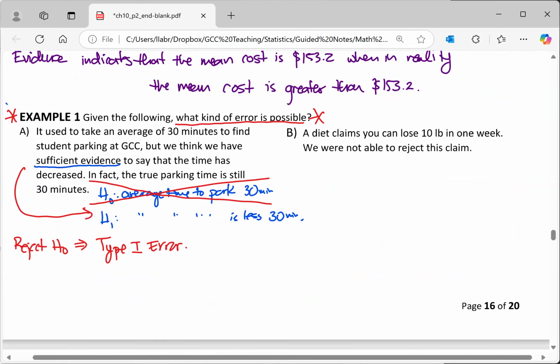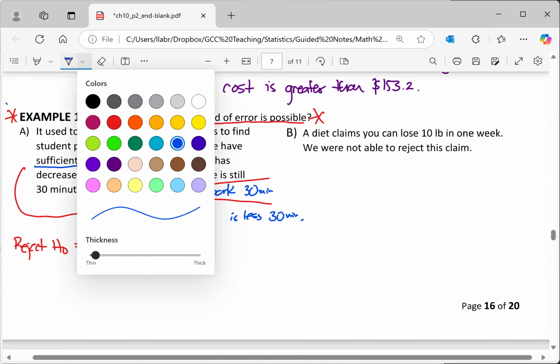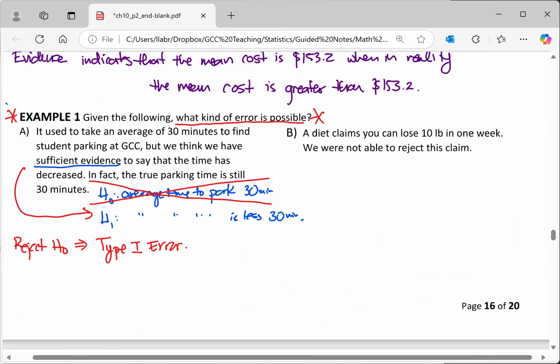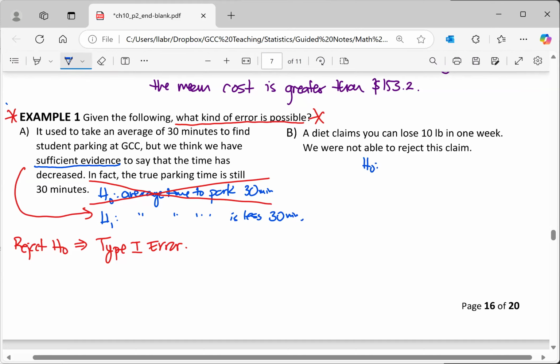All right, let's take a look at the last example. A diet claims you can lose 10 pounds in 1 week. That's pretty good for a diet. So the claim is, I'm pretty sure that's an average.